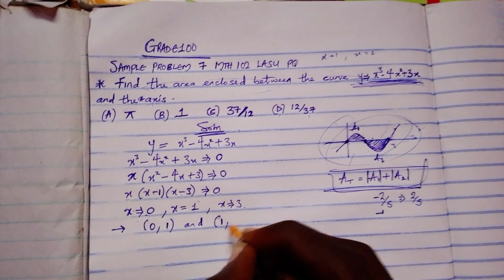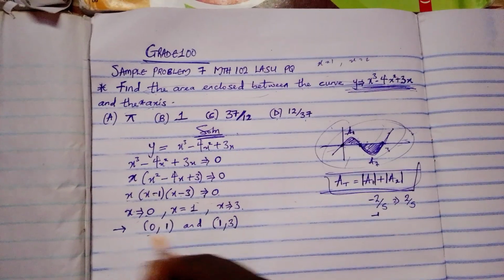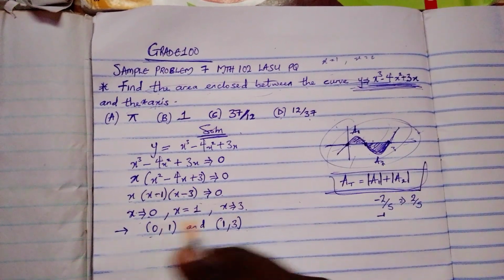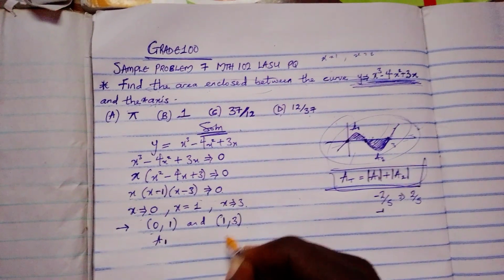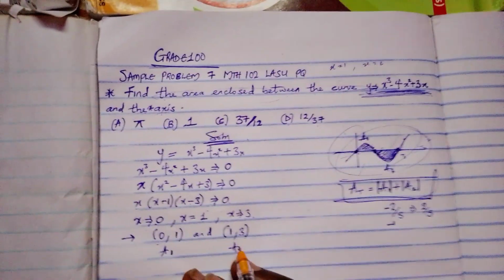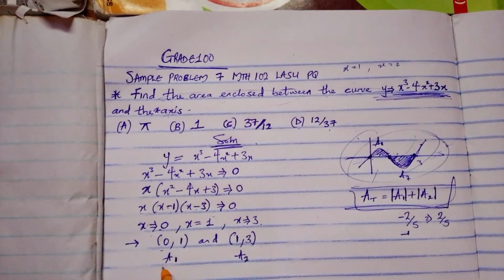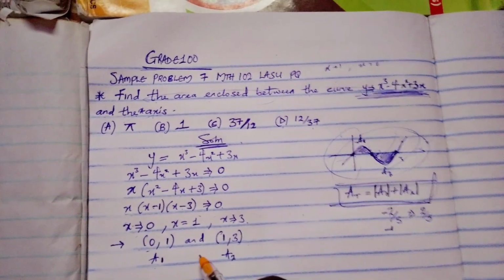So that's 1 and 3. These are the two we have here, this is for area 1 and this is for area 2, right?